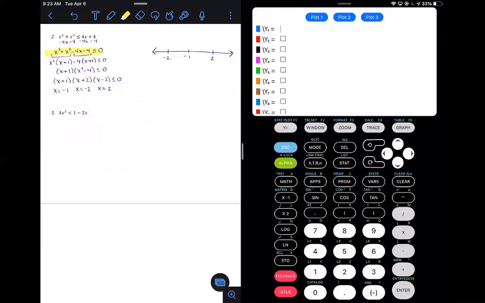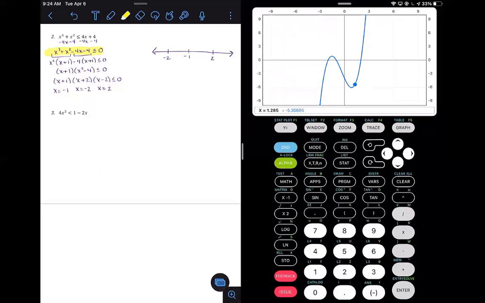So after this first step. Okay, so we have x cubed plus x squared minus 4x minus 4. And then if we look at the graph, we can see what the shape is.